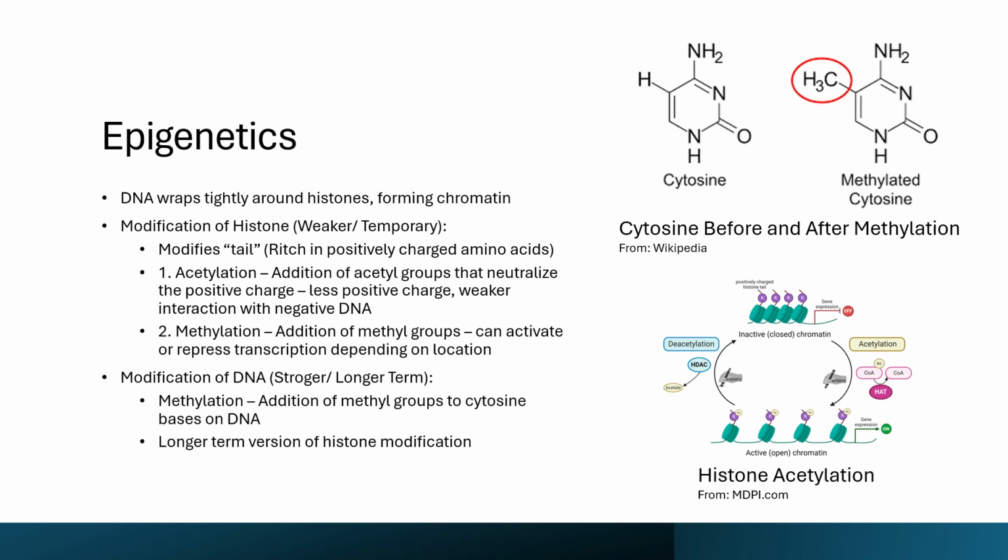We can also modify the DNA. Modifying the DNA is stronger than modifying the histone, so it's a more long-term modification. Methylation of the DNA adds methyl groups to cytosine bases on DNA, and as mentioned before, this is a longer-term modification than modifying the histones.